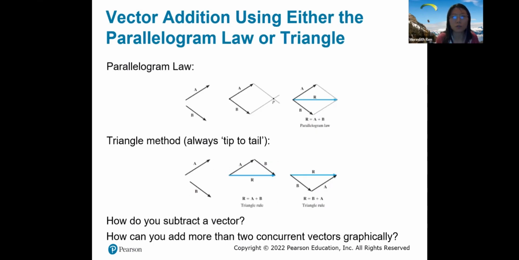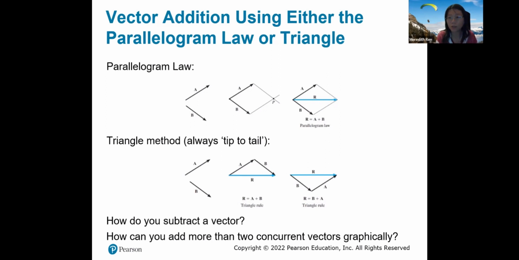In vector addition, we're going to talk about either using the parallelogram law or the triangle method. Essentially, they're the same thing, but the parallelogram law says that I have 2 vectors, vector A and vector B, and I need to put them together, meaning I need to do addition of those 2 vectors.